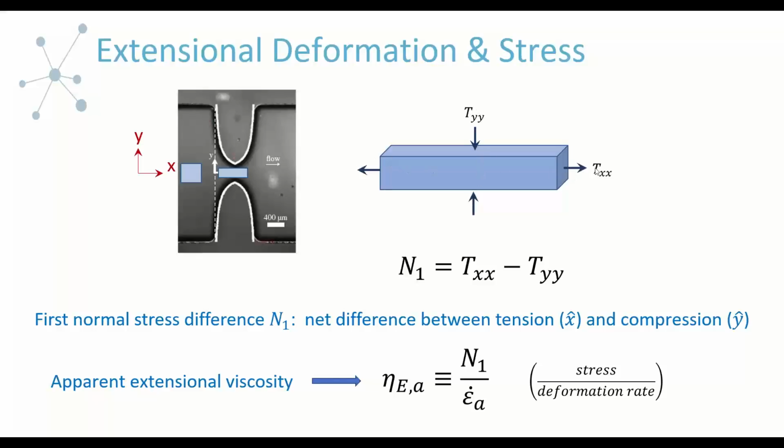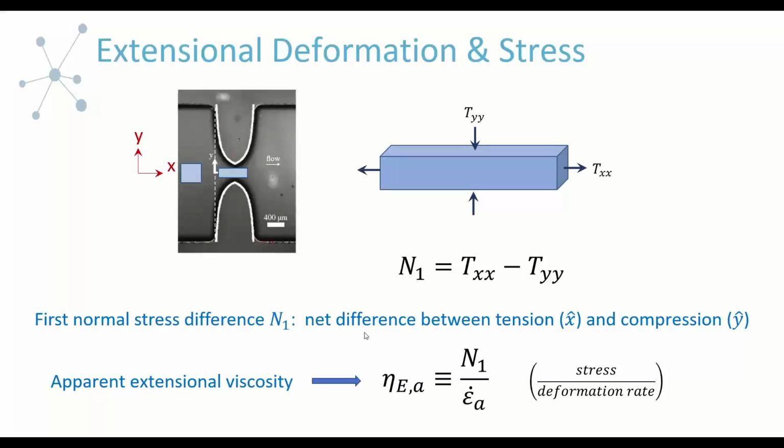So extending in the x-axis, compressing in the y-axis as this fluid element moves into the contraction. This normal stress difference between the direction of flow and the y direction perpendicular to flow is what we refer to as the first normal stress difference.